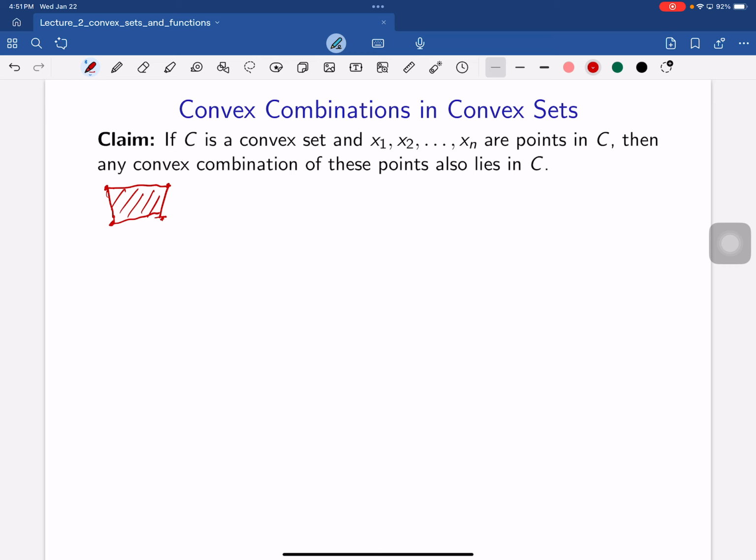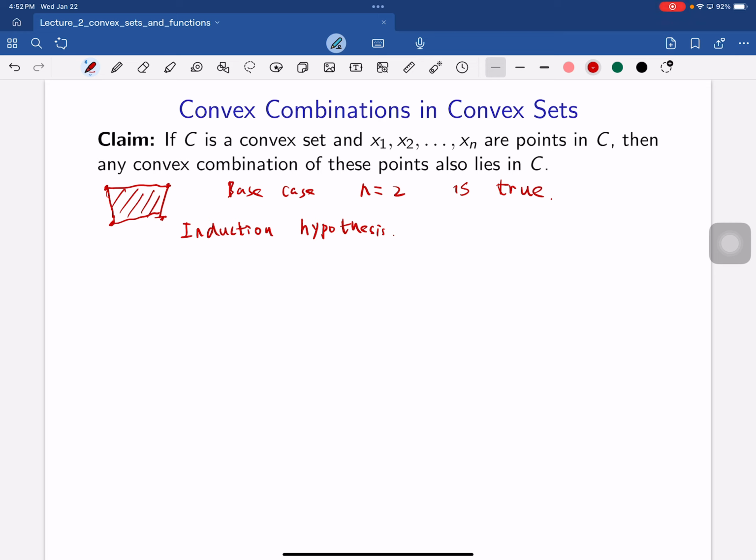So the base case n equals 2 is true. You already know that, right? So now with induction, we can have what is called the induction hypothesis, right?